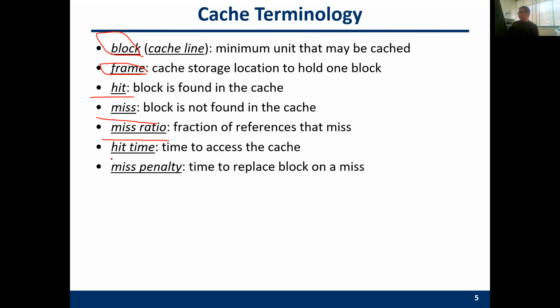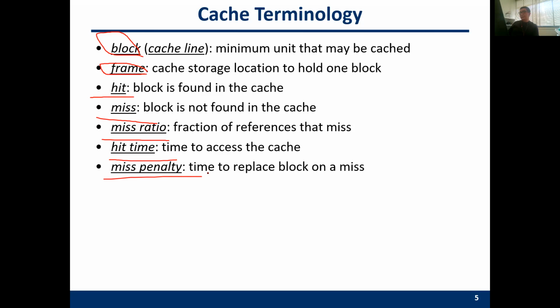The latency of a hit operation is called the hit time or hit latency. The latency to mitigate a miss is called the miss penalty. We need to fetch a block from the DRAM and store it in the cache.